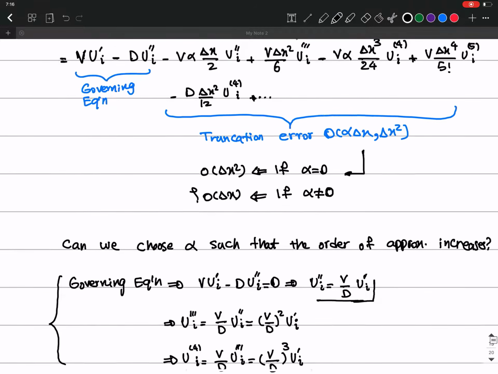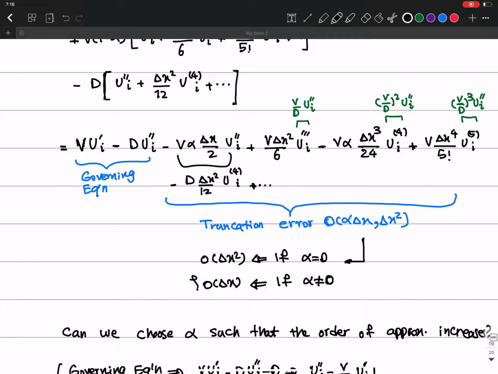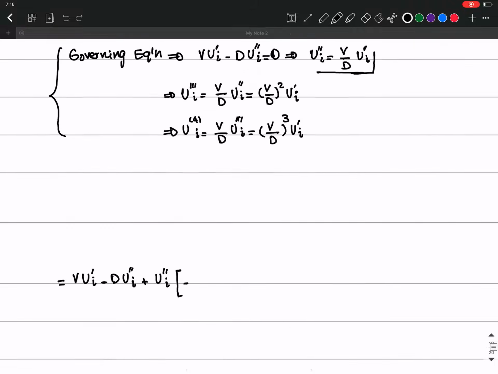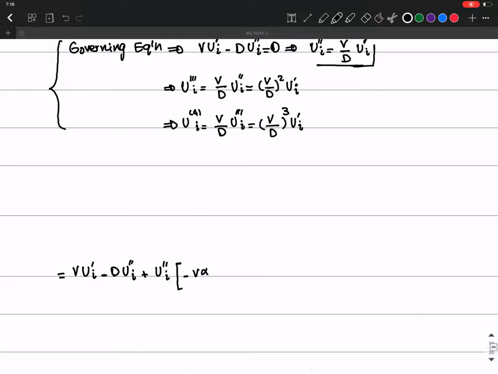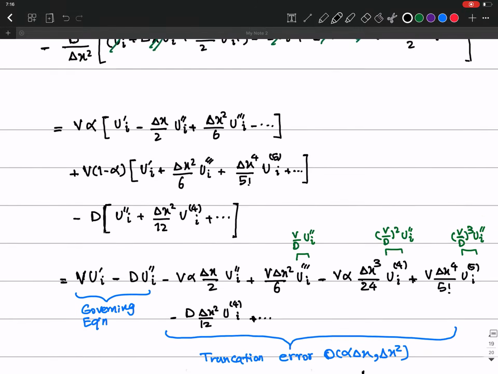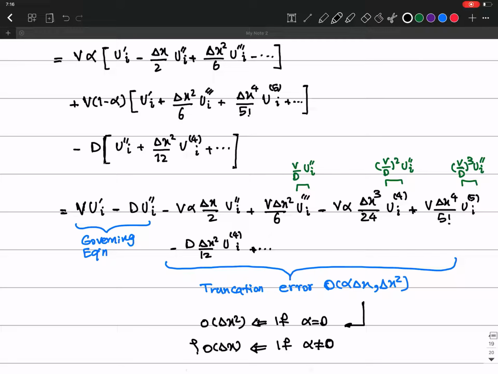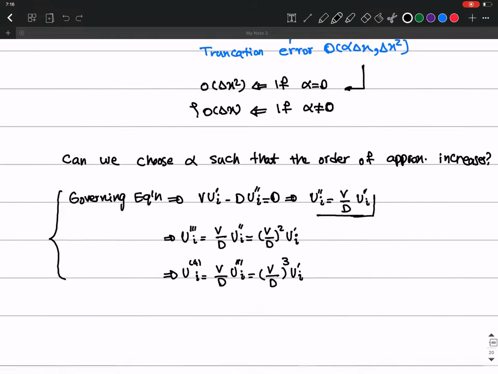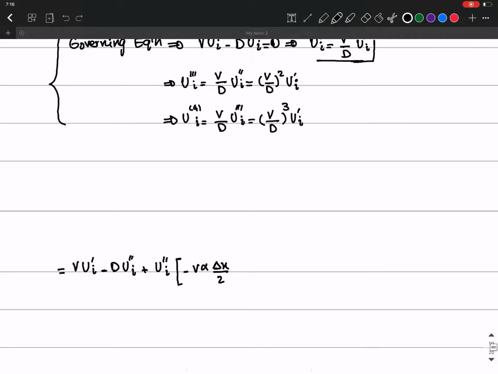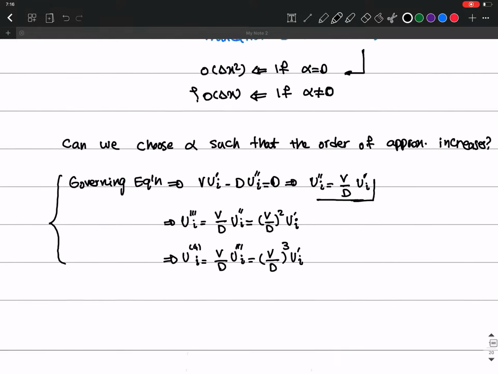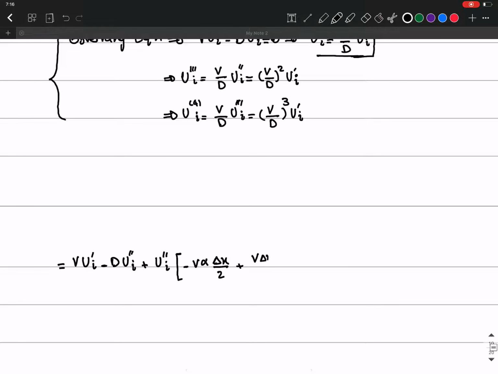So I'm going to have plus u double prime i times: minus the first term, which is v alpha delta x over 2, right? So I have v alpha delta x over 2. The second term is v alpha delta x squared over 6 times v over d, so I'm going to have plus v delta x squared over 6 times v over d.